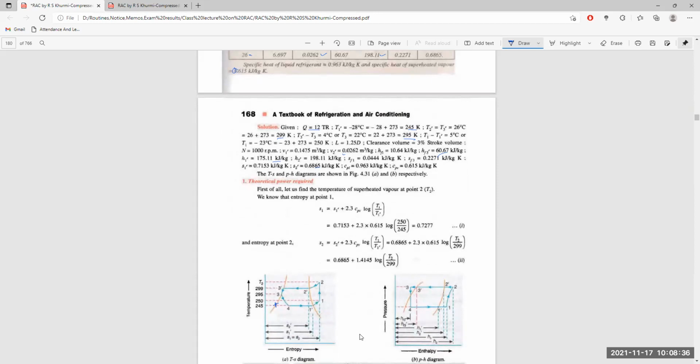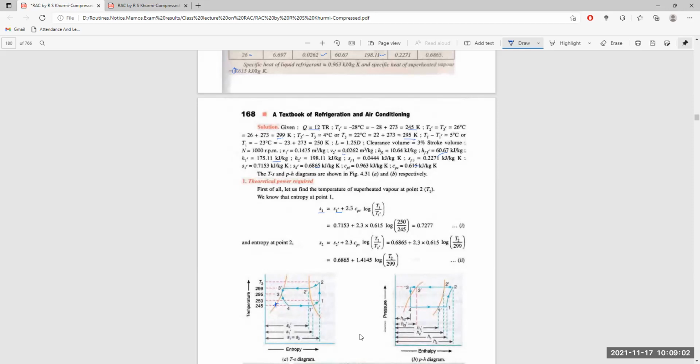We know S1 dash and we have to calculate S1, and we have to use this equation: S1 dash plus 2.3 into Cp log T1 divided by T1 dash. We know T1 and T1 dash, and the specific heat of the refrigerant in vapor state is given here, 0.615, multiplied by 2.3.